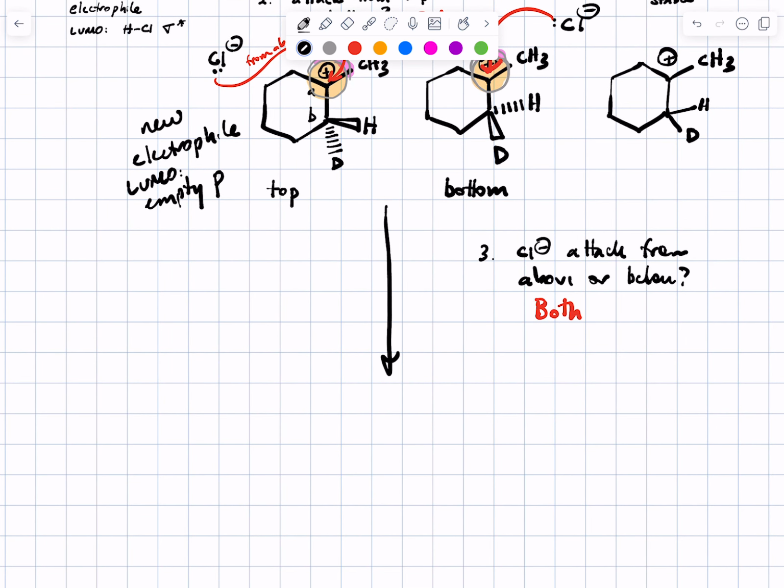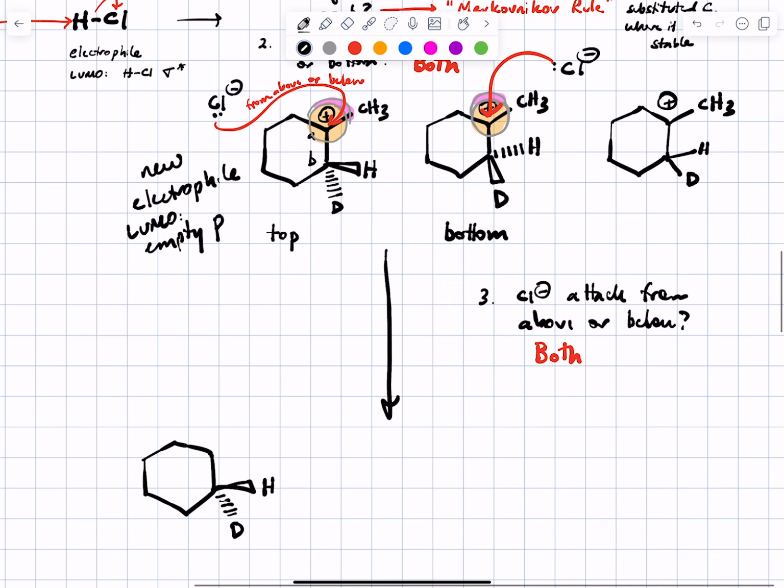Let's show you both of those now. So from the carbocation on the left, remember there, the hydrogen was a wedge and the deuterium was a dash. If chloro attacks from above, chloro should be a wedge and methyl group should be a dash.